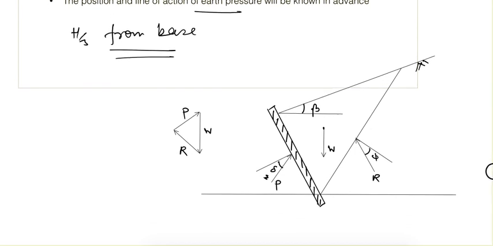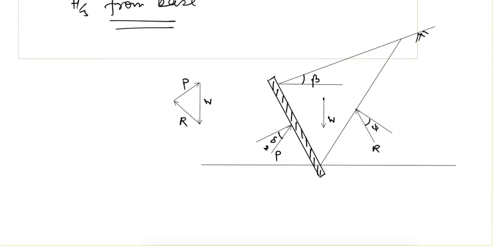I have tried to show this here. This is the wall and this is the inclined backfill making angle beta. W is the weight of this soil wedge. This is the soil wedge which will fall if we are talking about the active state, or it will go up in this direction if we are talking about the passive state.